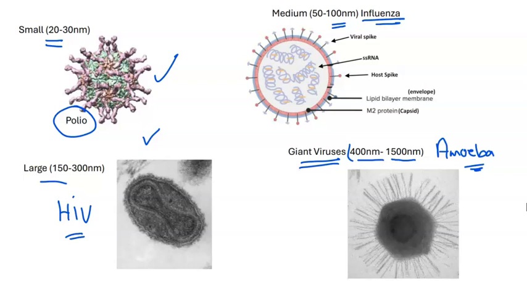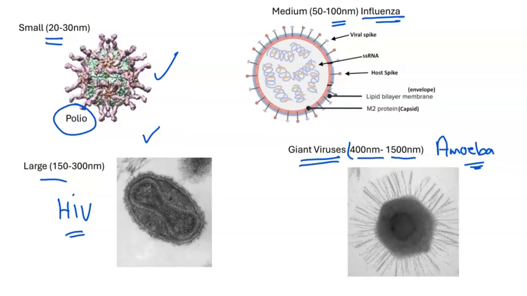So a tremendous range in virus structure based on enveloped or not enveloped, whether or not we are DNA, RNA, double strand, single strand, positive and negative senses, and then of course in the actual size of these structures.